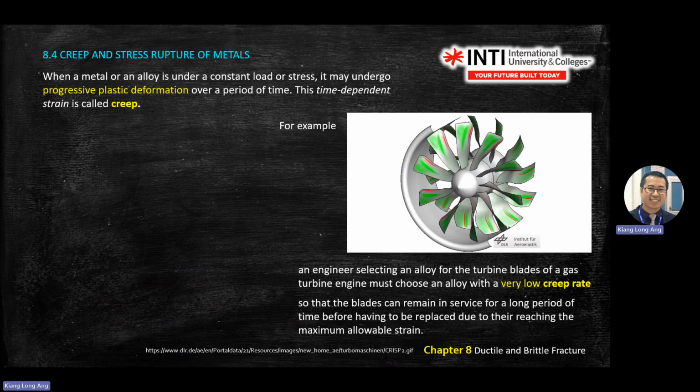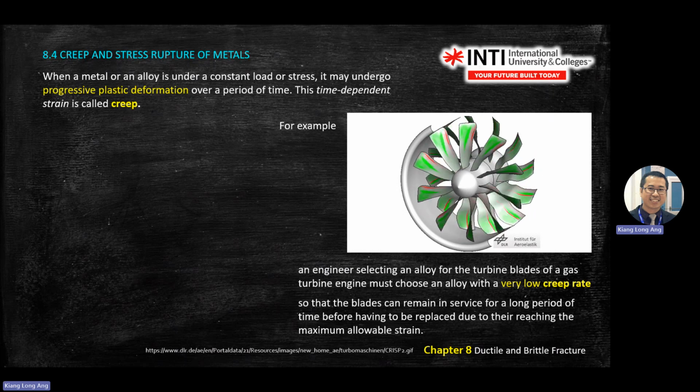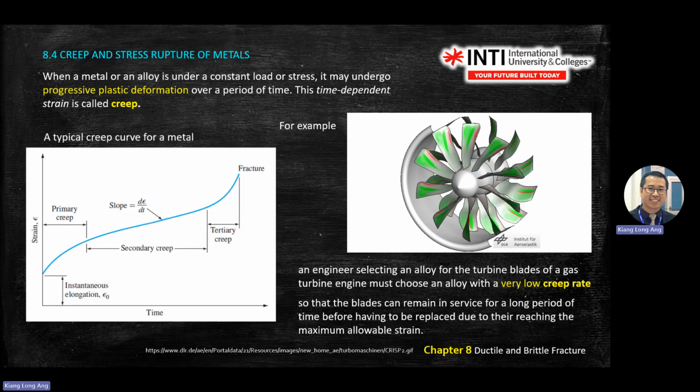Maybe at a certain time, physically you are unable to detect it. But maybe when you use this blade for 1,000 hours, after 1,000 hours, you might see that the fan shape is actually changing. So you'll see this creep curve. The y-axis is your strain.